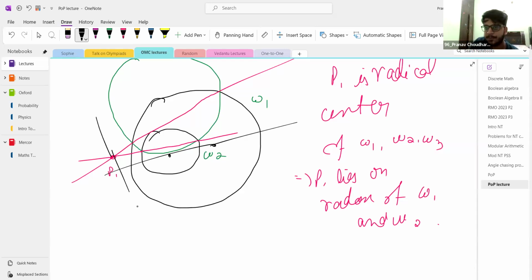So is this clear to everyone? Yeah. Yep. Yes. Okay, nice. Other people? Will this work for any two circles? Sorry, can you just repeat the first part of the question?